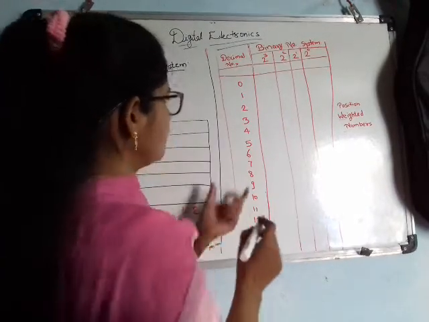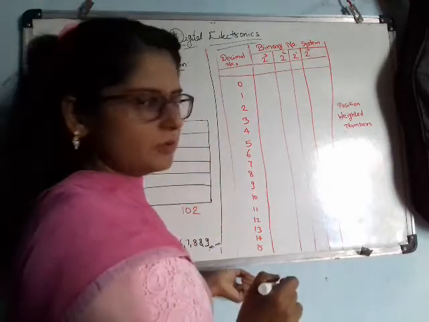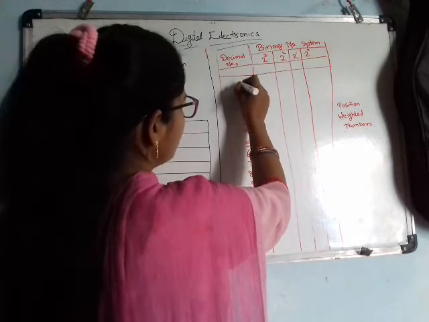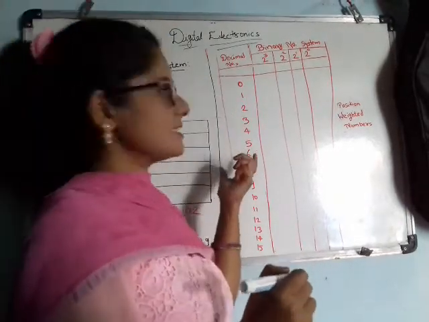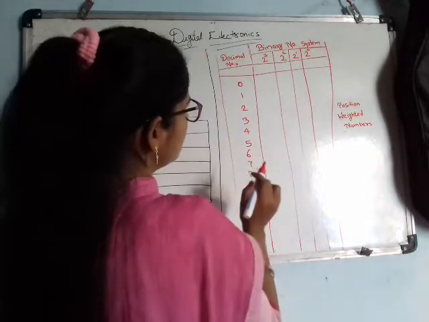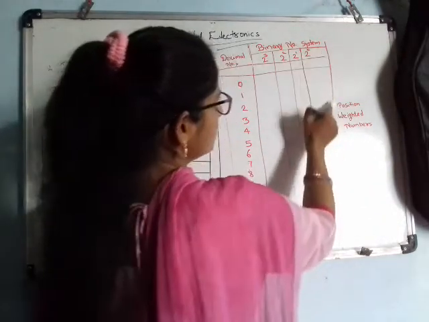We will write down the equivalent binary numbers of these decimal numbers, and for that we have to write the weightage of each position.